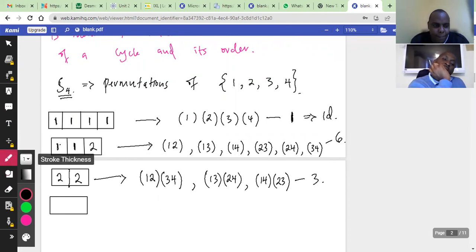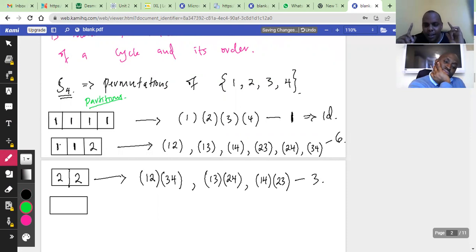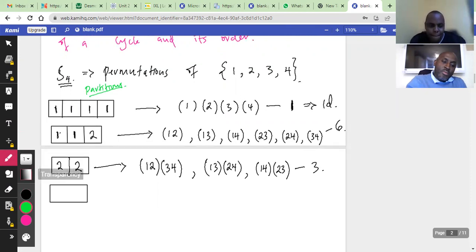So we can take 2 elements which are different, maybe 2 and 3. But if we take 2 and 3, it means we should have 5 elements in S4, but we don't. 1 and 3.